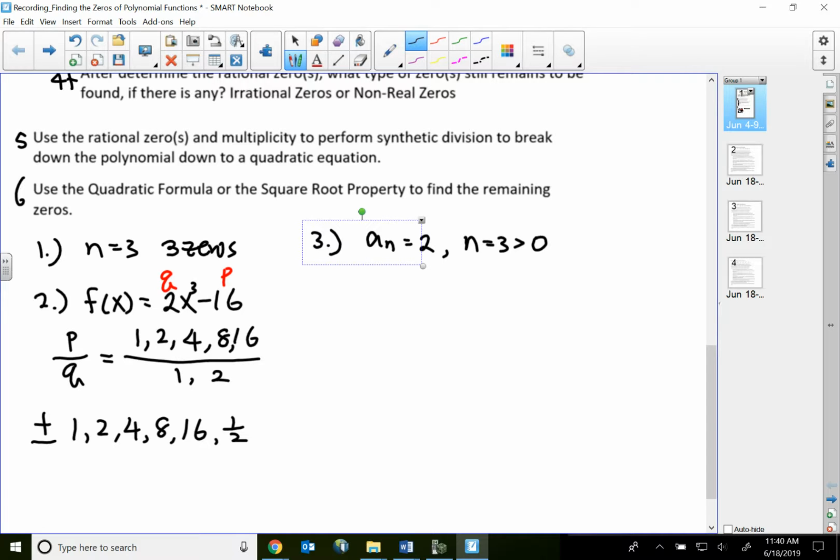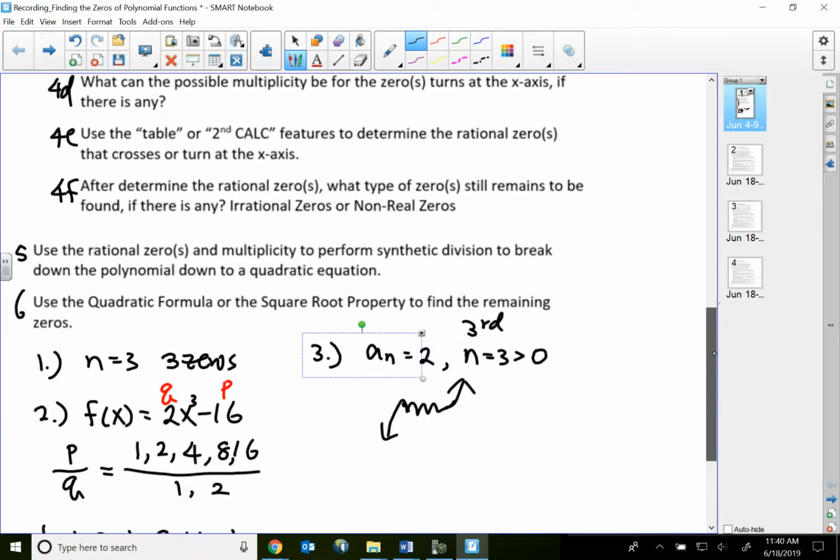So my overall graph should look like this. It's actually the third scenario. Right side goes up, left side goes down.